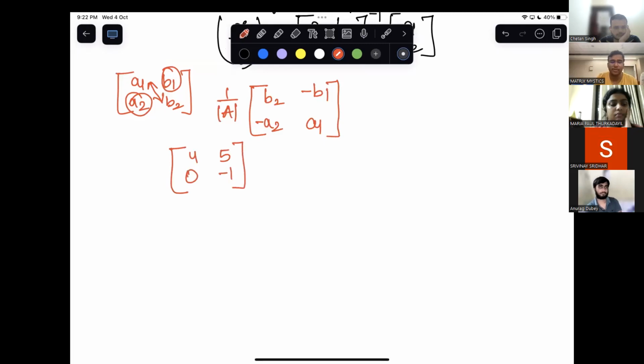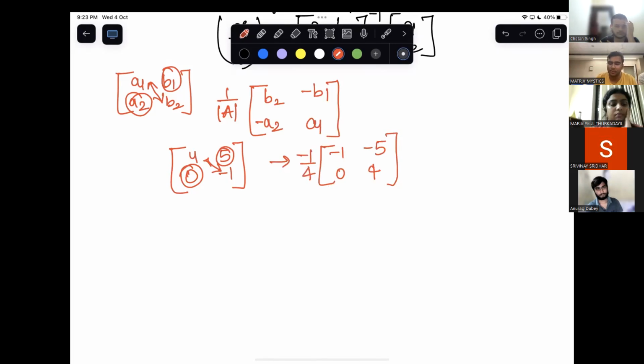Just invert the diagonal entries: minus 1, 4. This method is valid only for a 2 cross 2 matrix, just for easy and fast calculation. Invert these two entries and put a negative sign over these two, minus 5 and 0. What about the determinant? The determinant of A is minus 1 by 4. Bingo, we have the inverse. This is the inverse of the matrix.